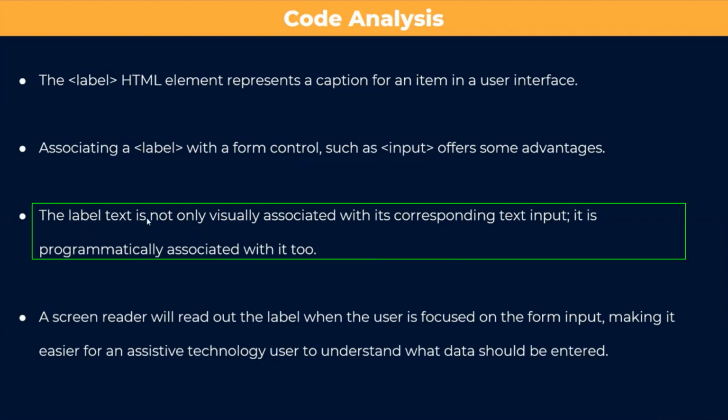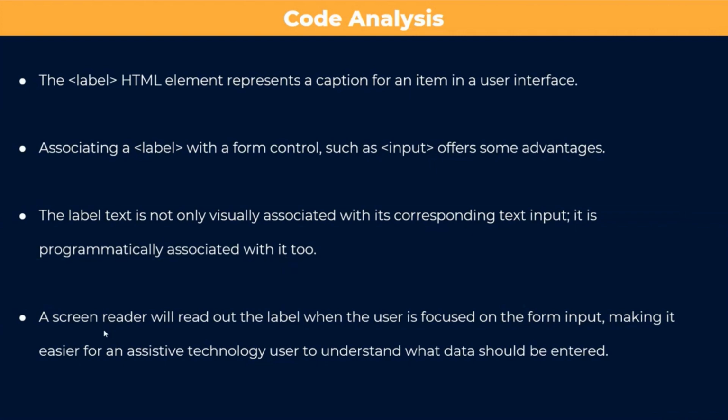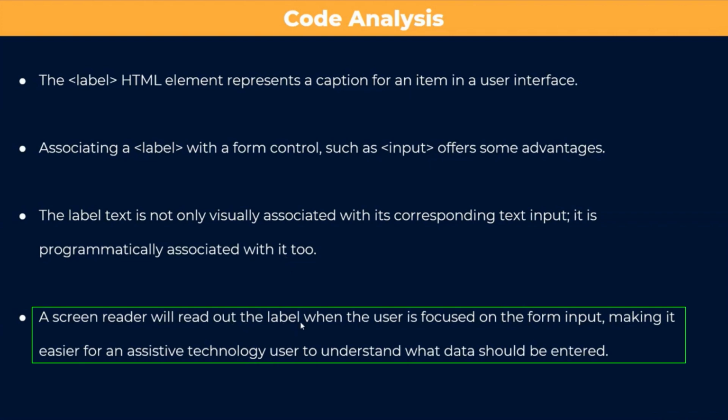The label text is not only visually associated with its corresponding text input, it is programmatically associated with it too. A screen reader will read out the label when the user is focused on the form input, making it easier for an assistive technology user to understand what data should be entered. So there's a correspondence between our label and our control.